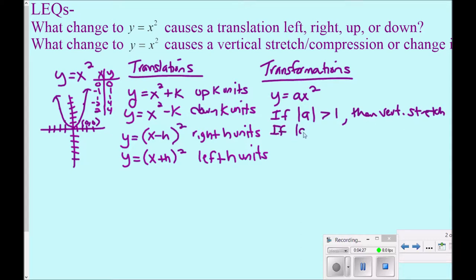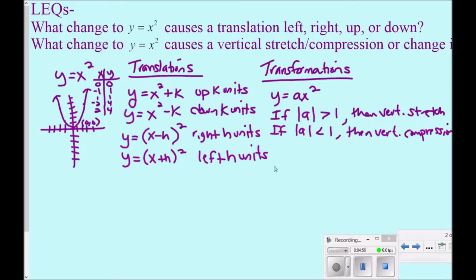If the absolute value of a is less than 1, that's when we have a vertical compression. And remember, for a vertical stretch, think about pulling on the ends vertically, which is going to make this parabola skinnier. A compression, pressing down on both ends, is going to make the parabola wider.